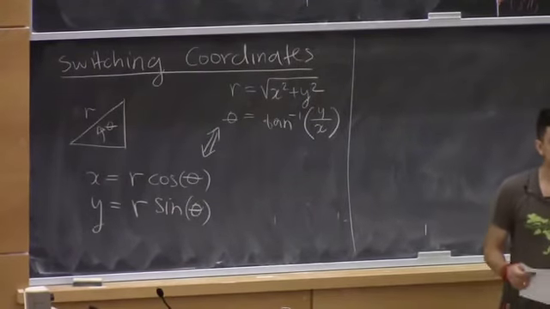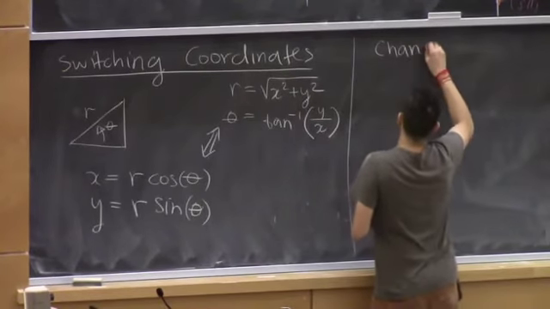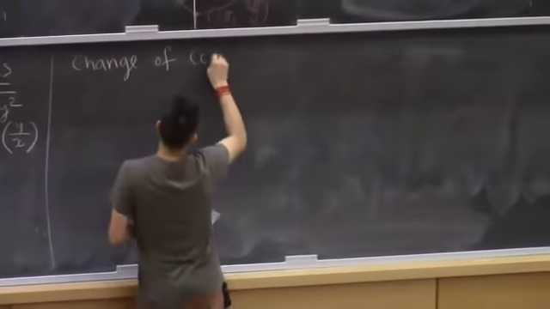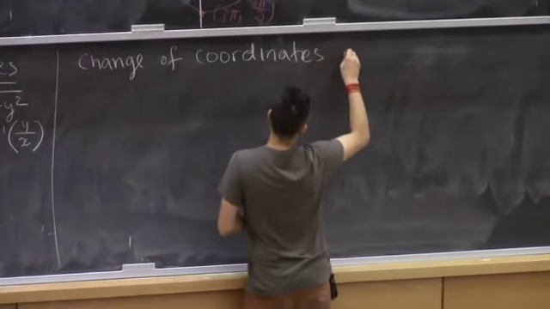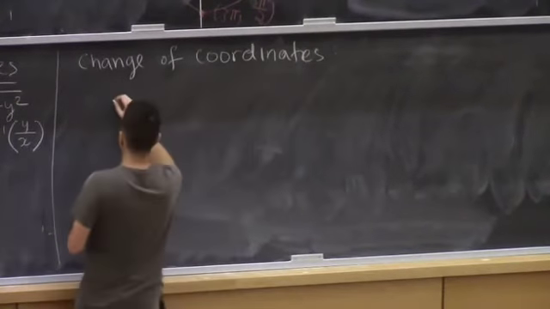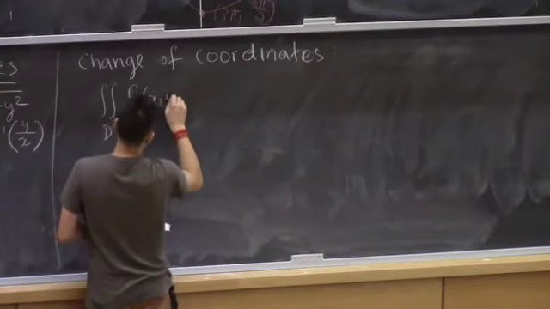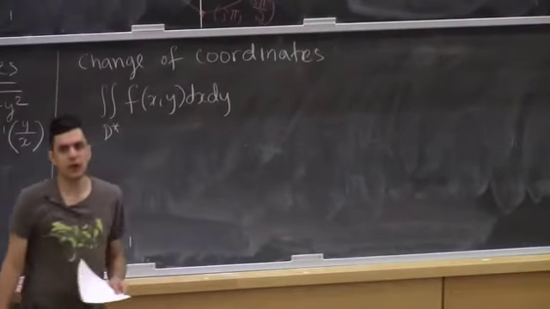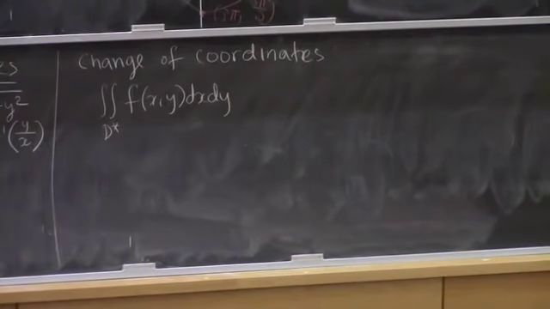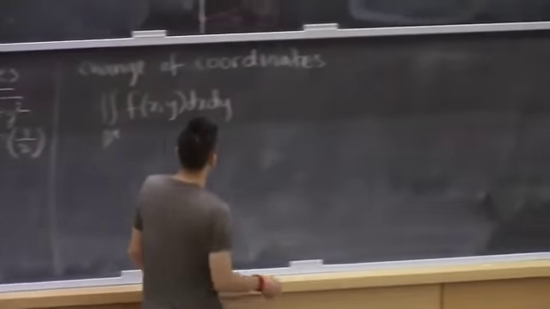So what would change of coordinates give us? If we've got an integral that we want to express as an integral in polar coordinates, we have to use change of variable, and we'll get the following thing.